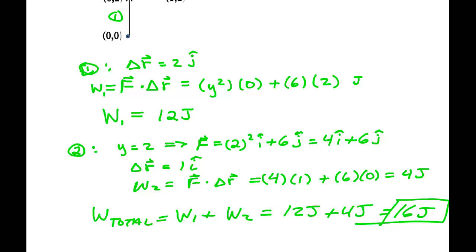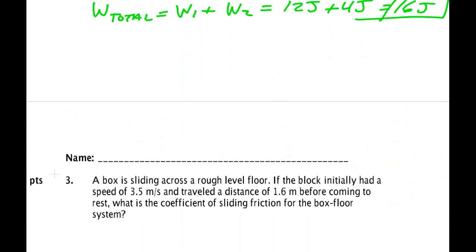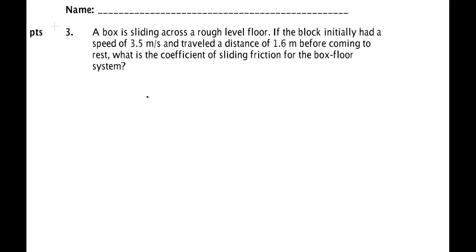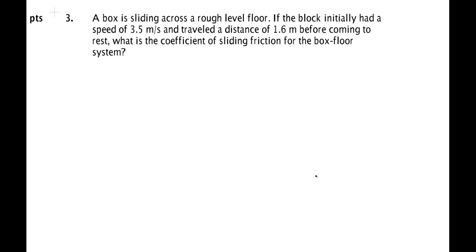And now the final problem in this section, which is also off of something that I did in the videos. A box is sliding across a rough level floor. The block has a normal force up. It's a level floor. It has a weight down.